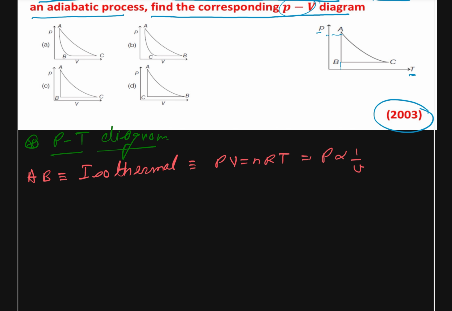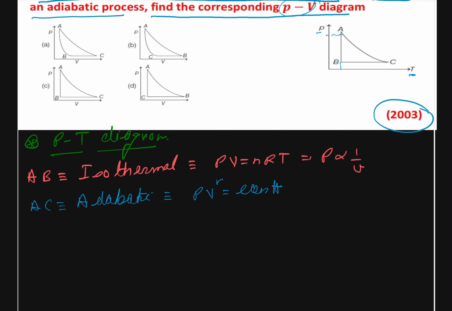And secondly, we are given that AC is adiabatic, and from there we can write that PV raised to power gamma is equal to constant.